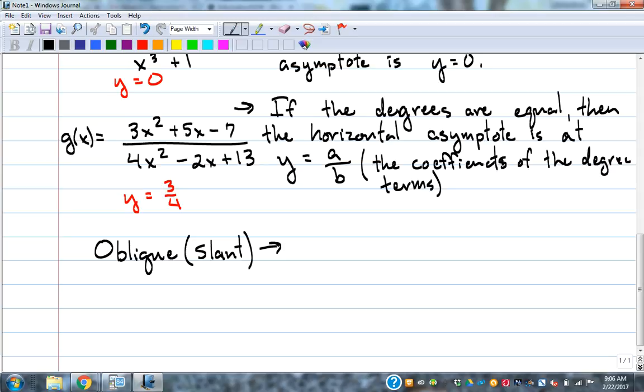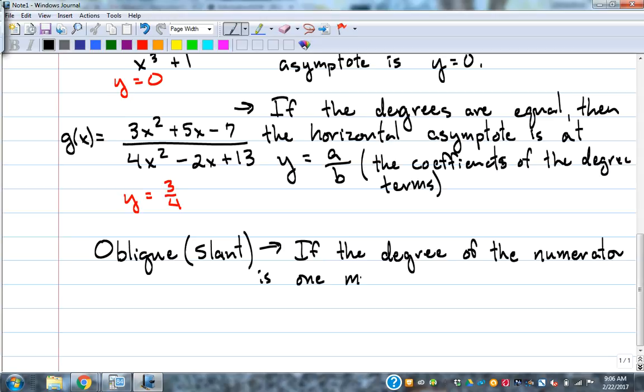Okay, that only happens if the degree of the numerator is one more than the degree of the denominator.